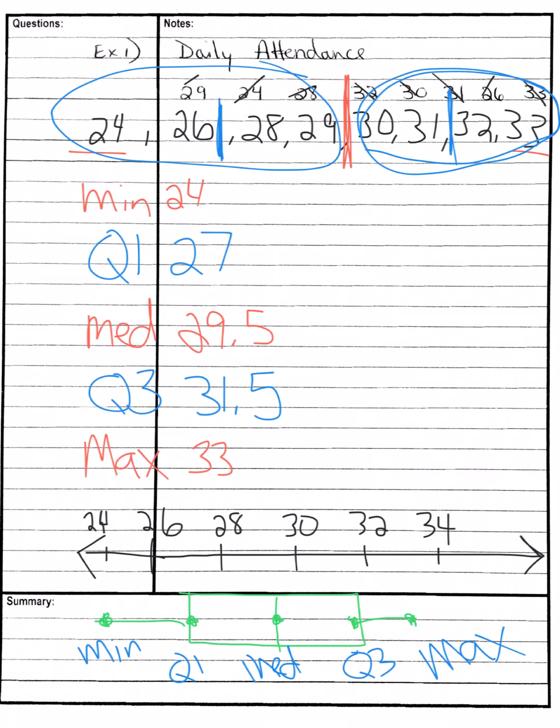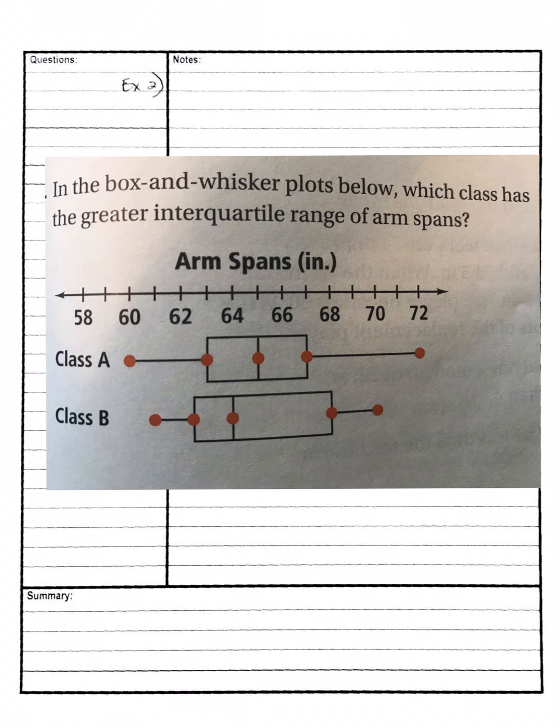Let's go ahead and look at one last question. When we create a box and whisker plot, it's super important that we find our five different values: our minimum, our Q1, our median, our Q3, and our maximum. And that's it. Here, what they're looking at is, in this box and whisker plot, which class has the greater interquartile range.